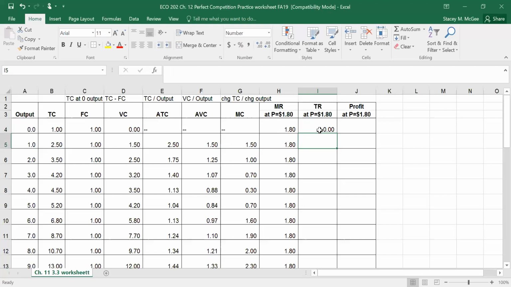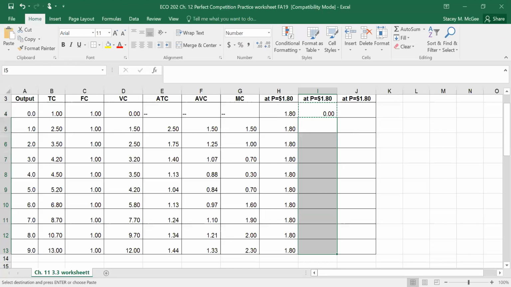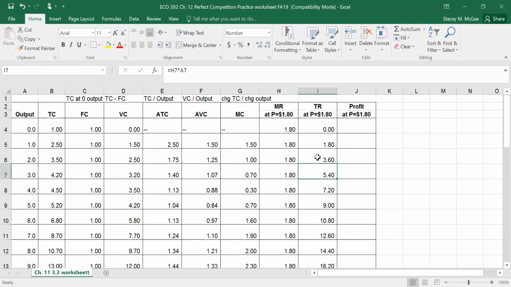If I don't sell anything, I don't have any revenue. If I copy that down, if I sell 1, I make $1.80. If I sell 2, my total revenue is $3.60. If I sell 3, my revenue is $5.40. So this is just price times output.